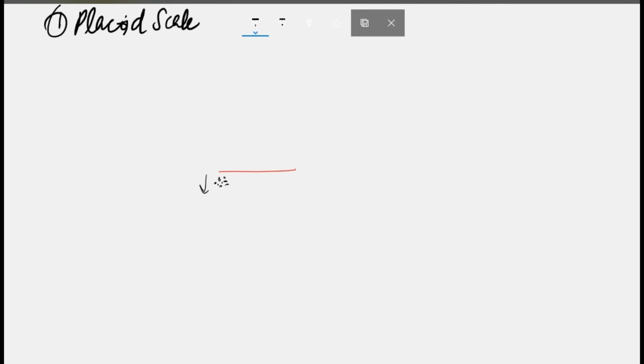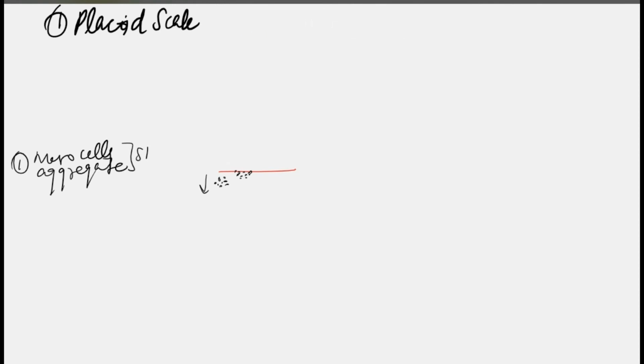They are going to aggregate just below the stratum basale or stratum germinativum, and push the epidermis upward. So the first step is mesodermal cells aggregate just below the stratum basale, and they push the epidermis upward. Your epidermis has gone something like this. So this has become your dermal papillae.